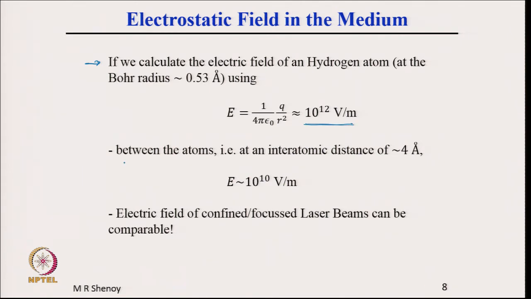Between atoms, at an interatomic distance, instead of r equal to 0.53 angstrom, if you put r of the order of 3, 4 or 5 angstrom, which are typical interatomic distances, then we get E of the order of 10 to the power of 10 volt per meter.